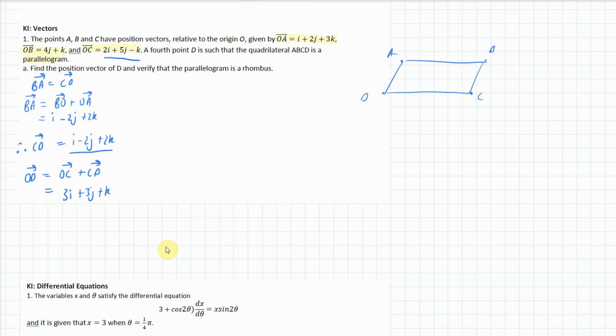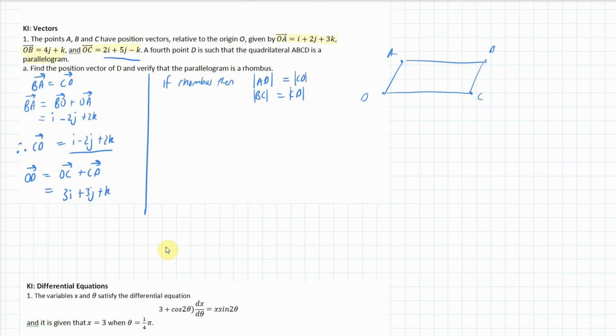Now, if it's a rhombus, so we've got the position vector. If rhombus, then we know that AD equals CD, or BC equals CD.